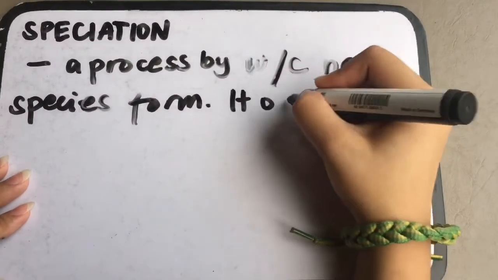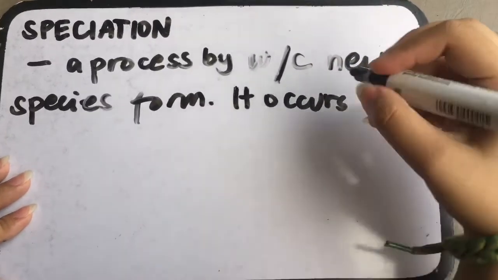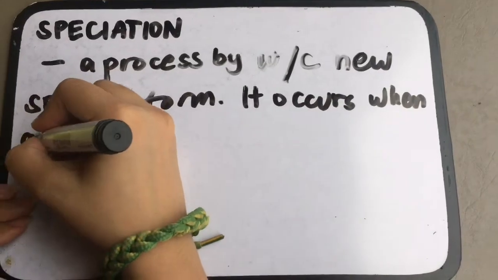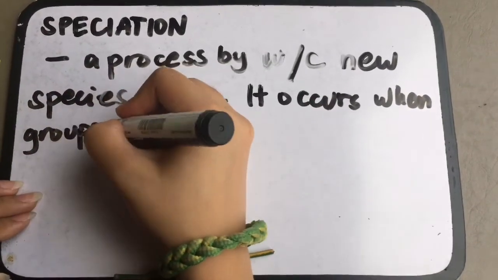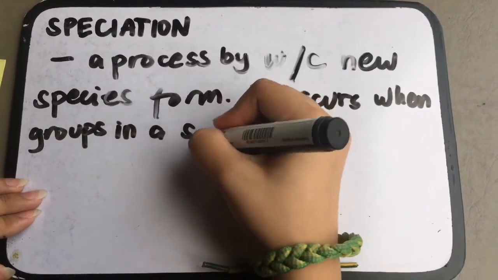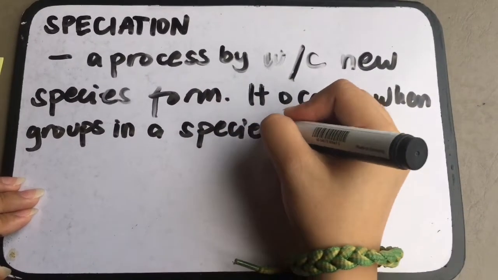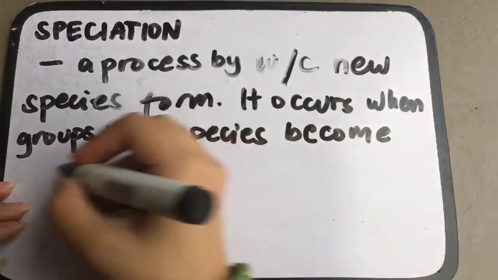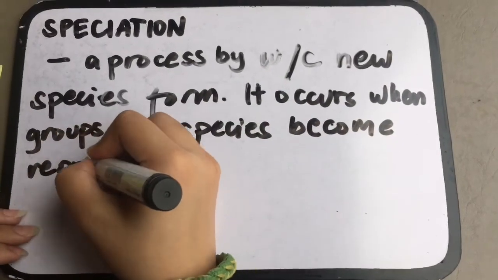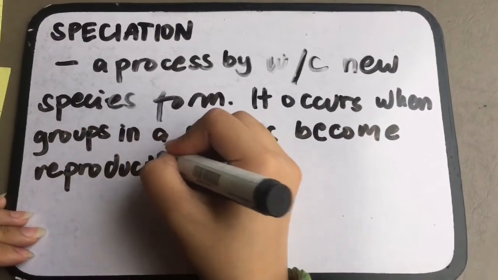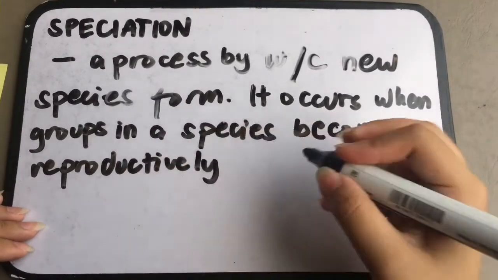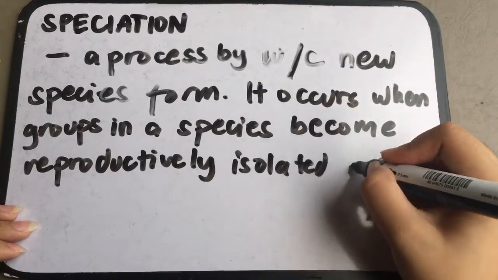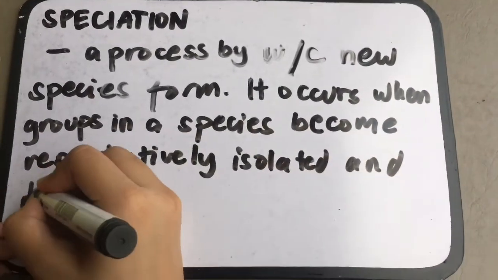It occurs when groups in a species become reproductively isolated and diverge.